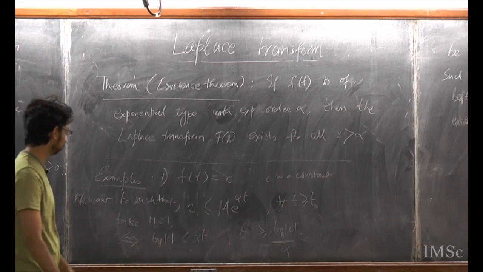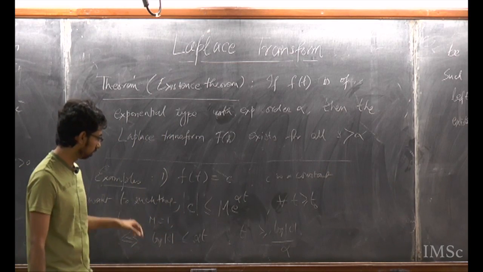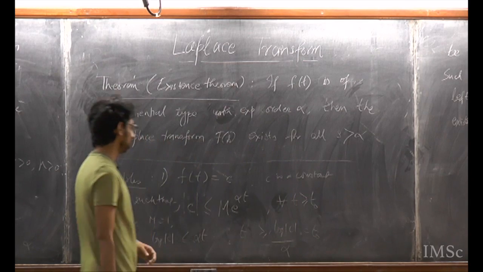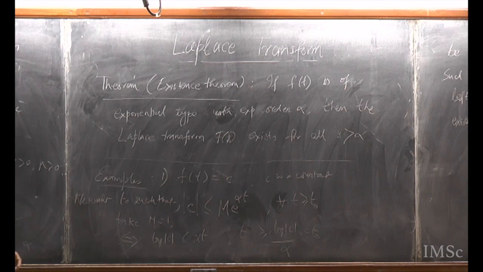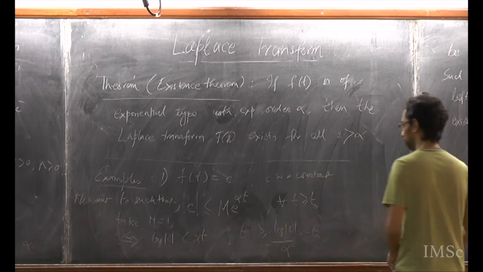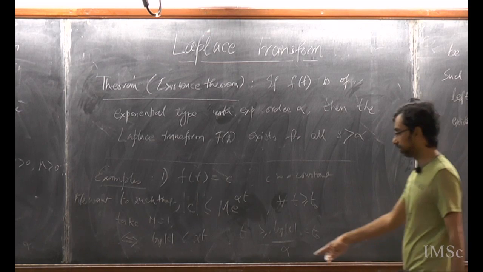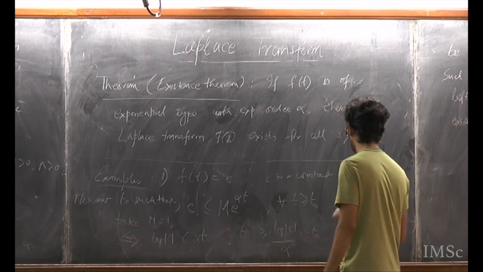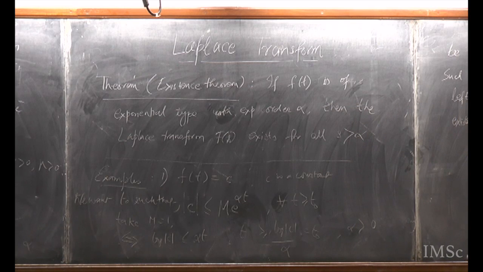You have found a T naught, so this is your T naught. So f(t) is of exponential order for any positive alpha.